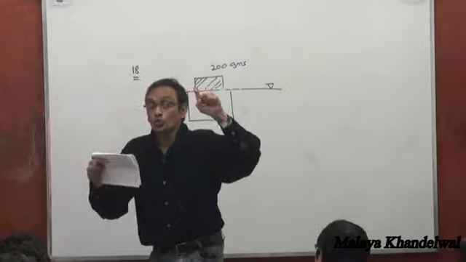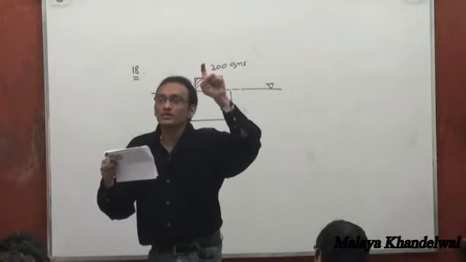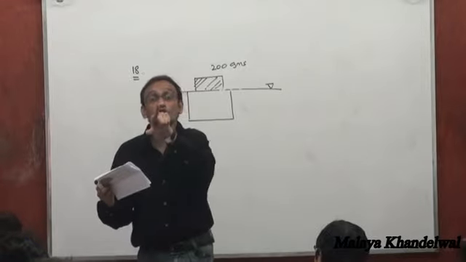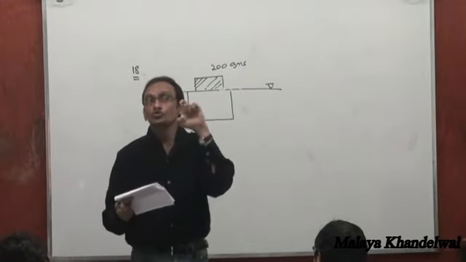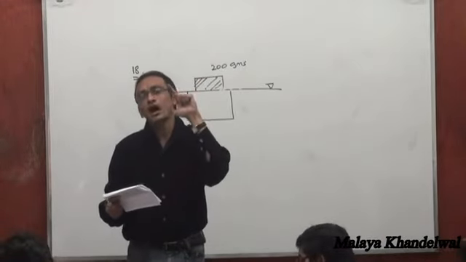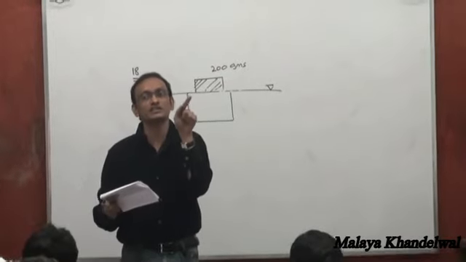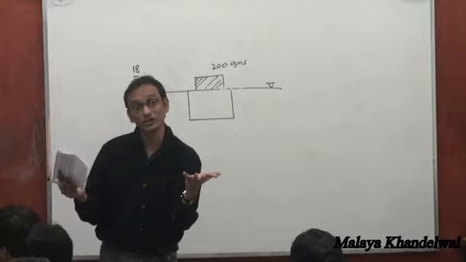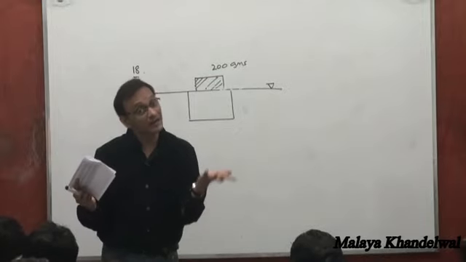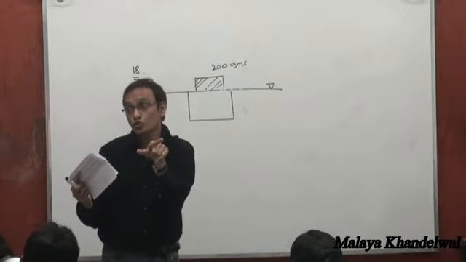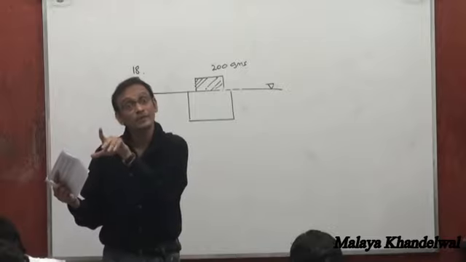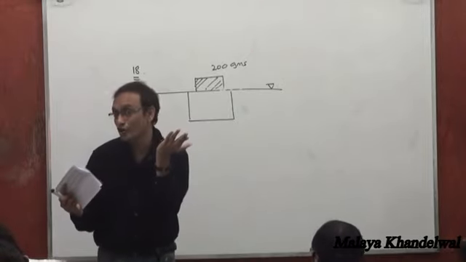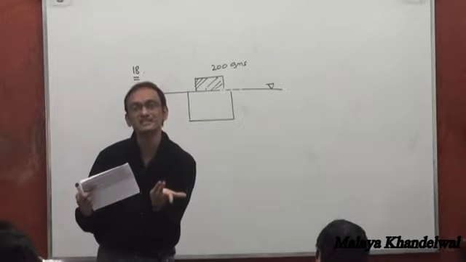That means the 2 centimeters by which it rises must be commensurate with 200 cc, right? 2 centimeters into x square is the decrease in the volume of water displaced, which must be 200 cc.